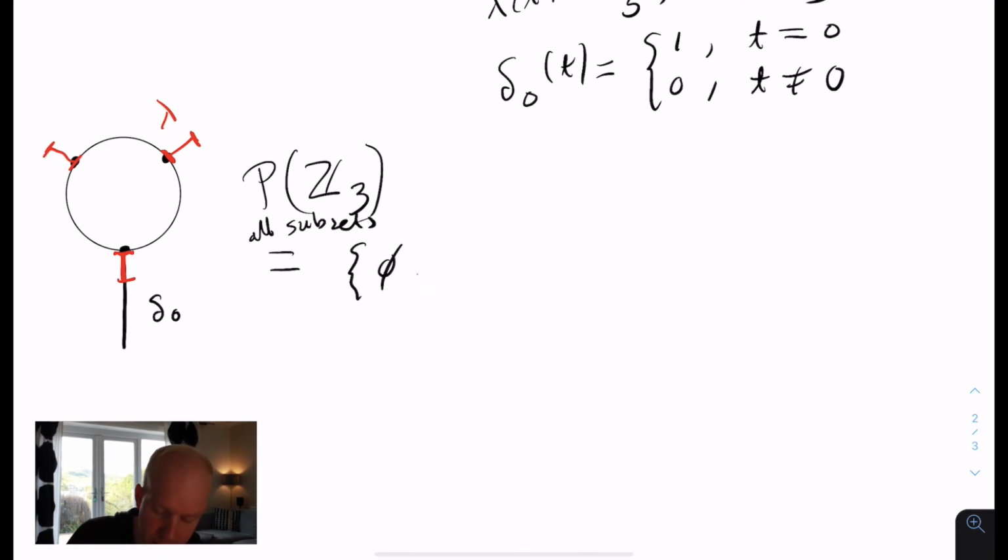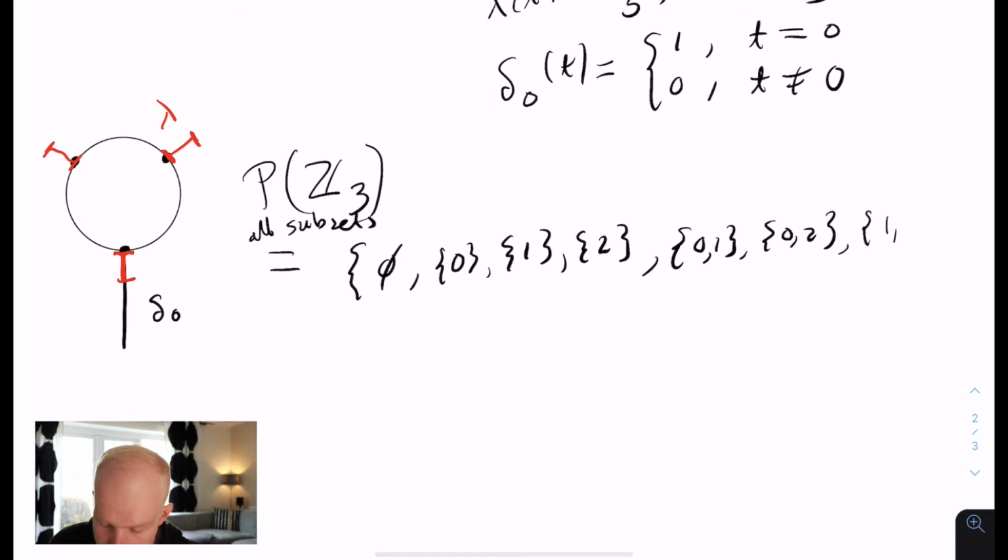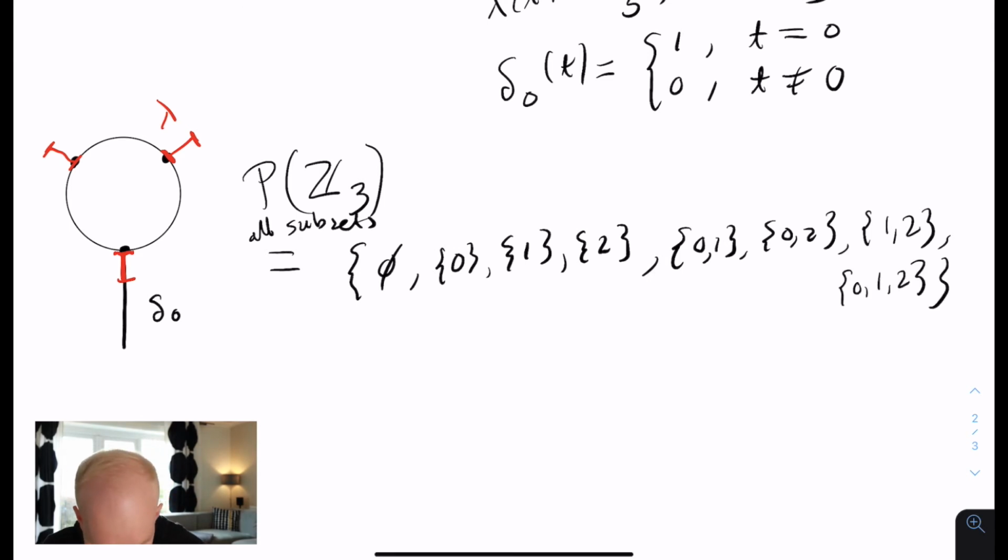We have the empty set, we have 0, we have 1, we have 2, and then we have {0, 1}, {0, 2}, and then we also have {1, 2}, and then we have {0, 1, 2}. I think that's all.